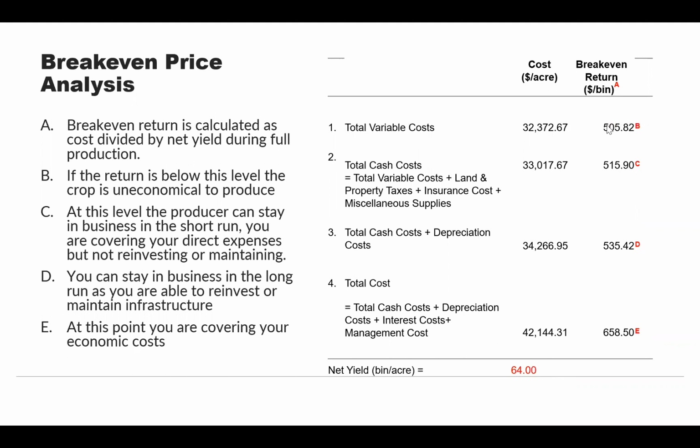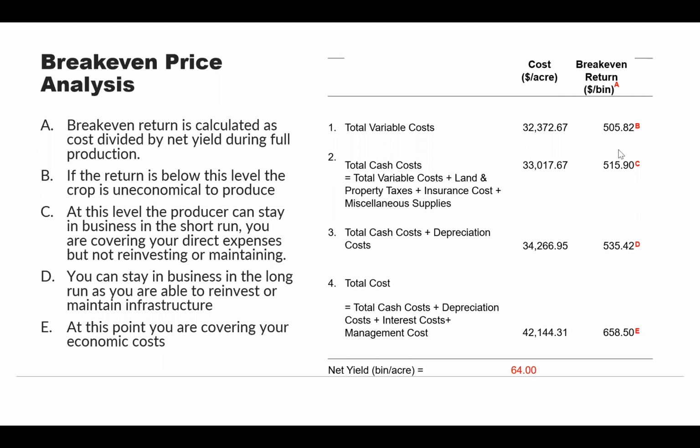And so if you are making less than $505.82, you're losing money for every unit that you're making. Every bin you produce, you're losing money, because your input costs just to grow those apples are costing you more than you're actually getting for the apples.